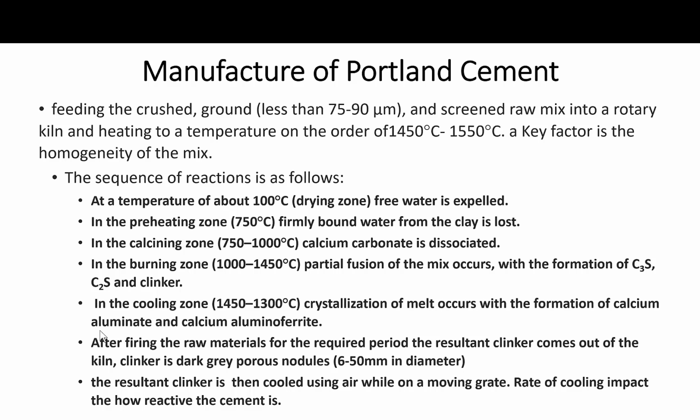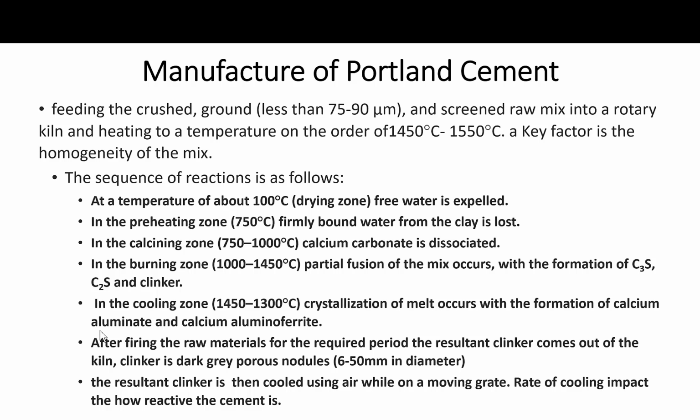The material must be finely and uniformly ground to achieve burning at the lowest possible temperature. So proper preparation of the raw meal will save fuel and also prolong the life of the refractory, which is the heat-resistant ceramic material which lines the kiln. And also it will achieve a more uniform product.